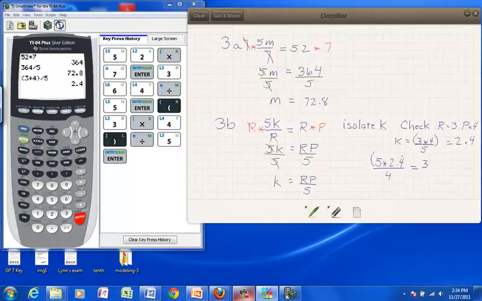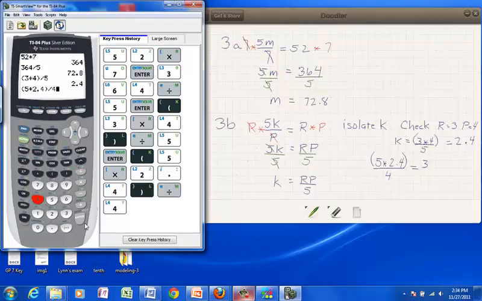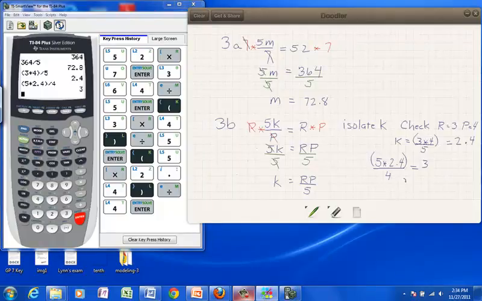And again, I'm going to group this to calculate it all in one step. And I'm hoping that's a 3. Great. Since 3 equals 3, I know that this answer is correct.